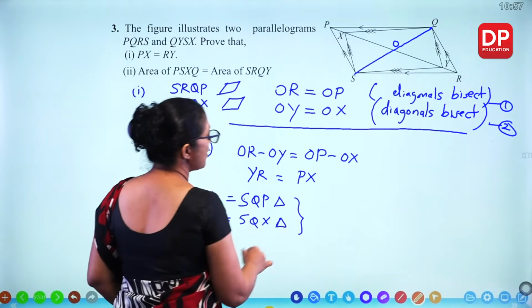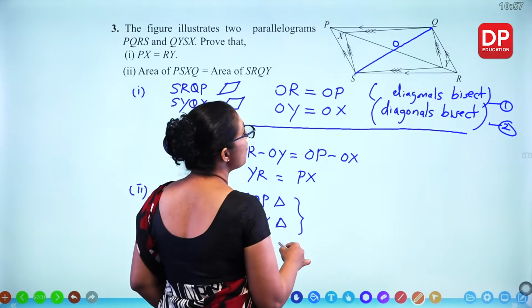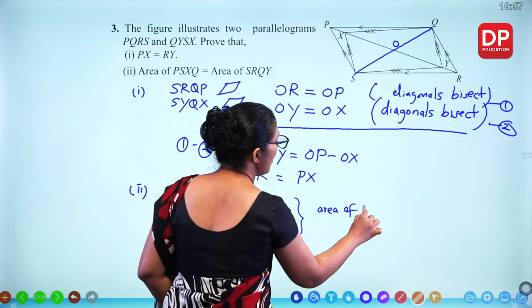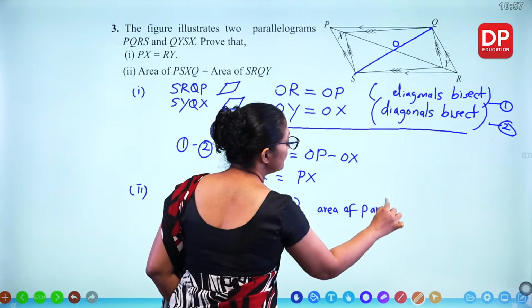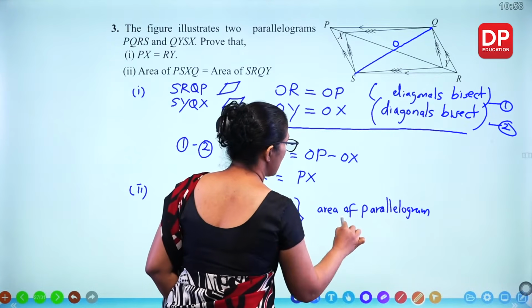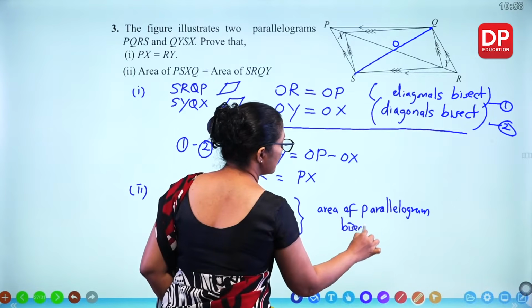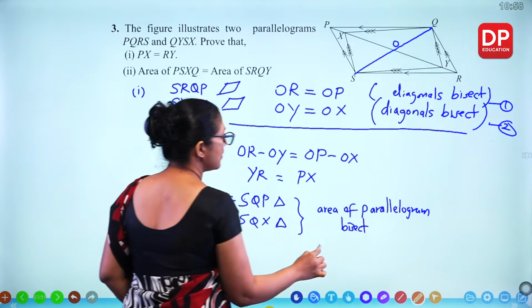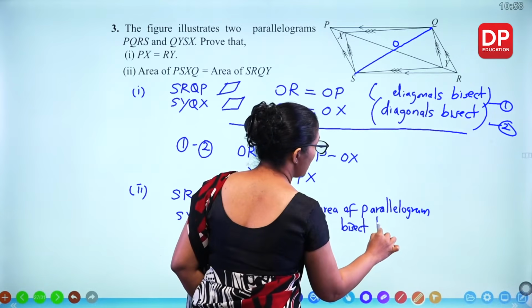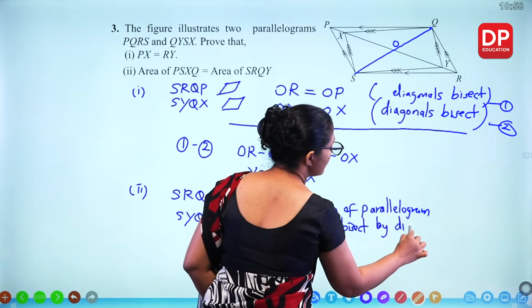Both these because of theorem number 1. Area of parallelogram is bisected by diagonals.